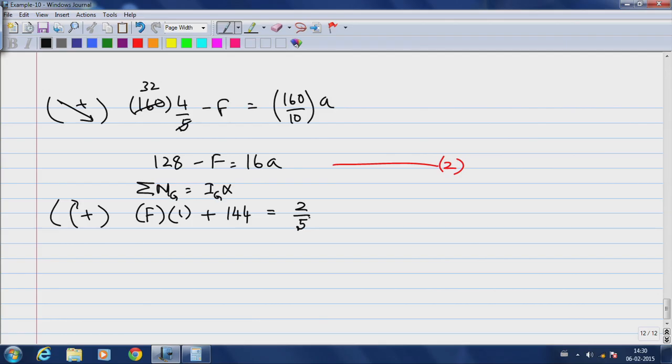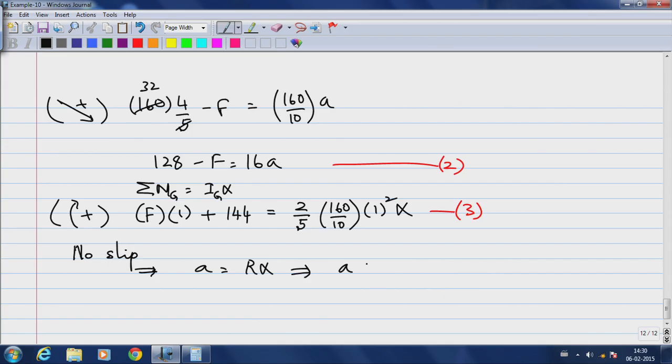This equals 2/5 m r squared, m is 160 divided by 10, r squared alpha. This is my modified equation 3, and the modified equation 4 is coming from no slip, which implies a equals R alpha, which also implies a equals alpha. So, this is my modified equation 4.